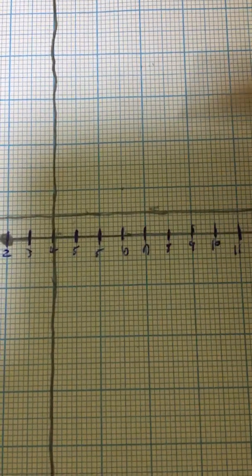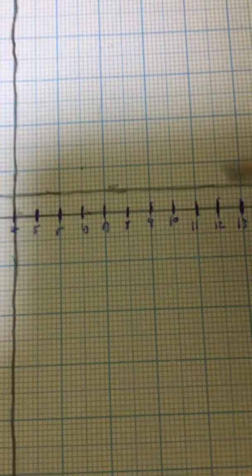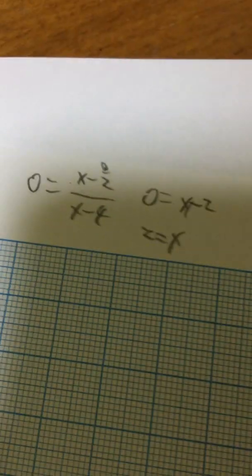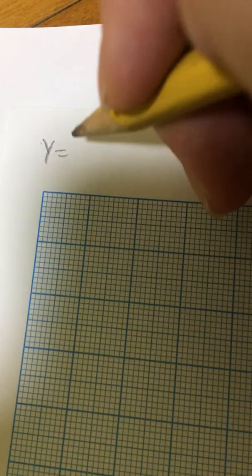Now let's do this side to find our other points. I'm just going to pick 6. By the way, you can pick any of these numbers to get points, but I'm picking 6 because 6 just works out well. You set y equals, and you plug the number into x.